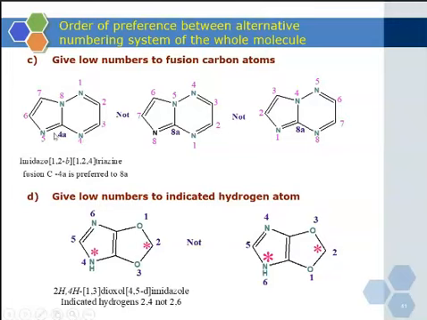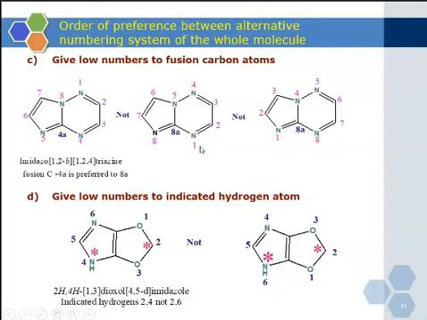Here the site of fusion bears 4A. Next 5, 6, 7, and if at all the site of fusion bears any atom other than carbon, then we have to give it a number. So 1 to 8 as the numbers.